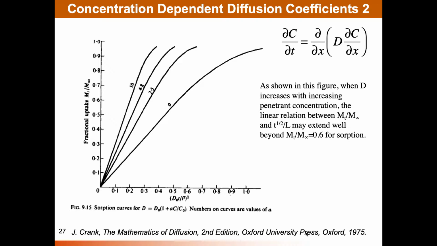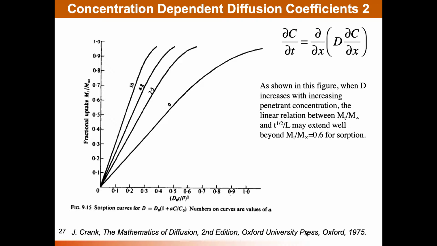And so, as you might imagine, if the diffusion coefficient is increasing as the concentration goes up, then later in the experiment the fractional mass uptake would go up. The effective average diffusion coefficient is higher in this case. But look at the structure of this. It's just perfectly linear and then bends over again.